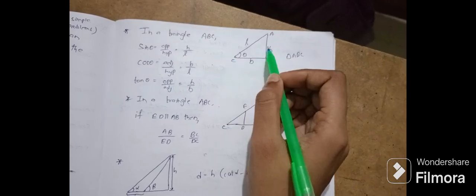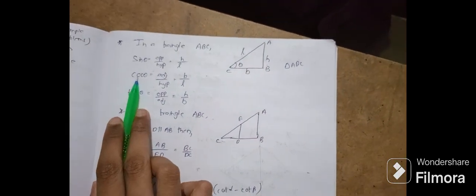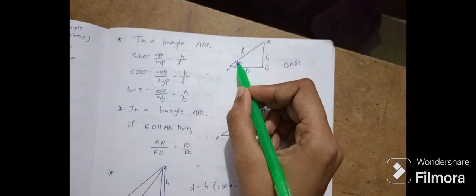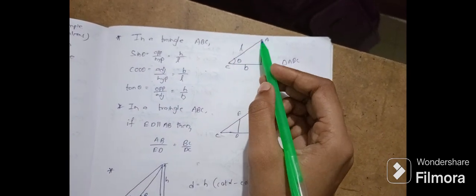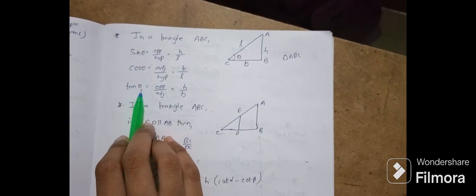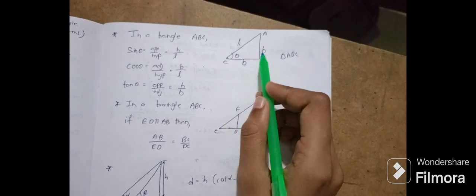AB by AC means H by L, that is here. Next, cos theta is equal to adjacent side by hypotenuse. Here the adjacent side is B and hypotenuse is L, so B by L. Next, tan theta is equal to opposite side by adjacent side, so H by B.